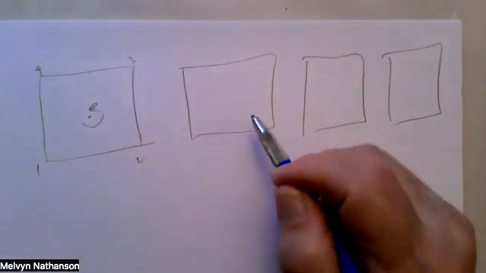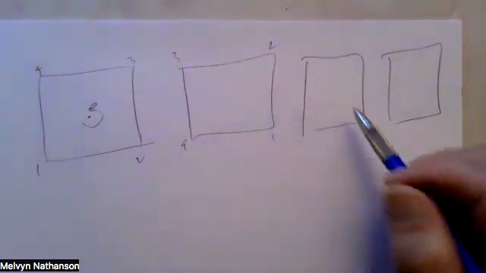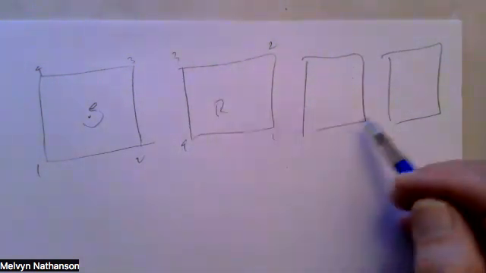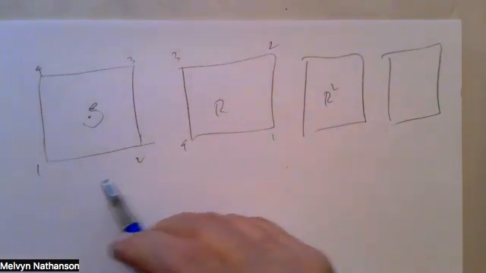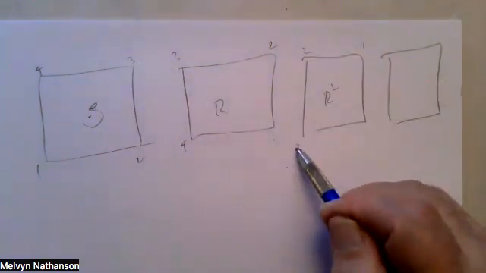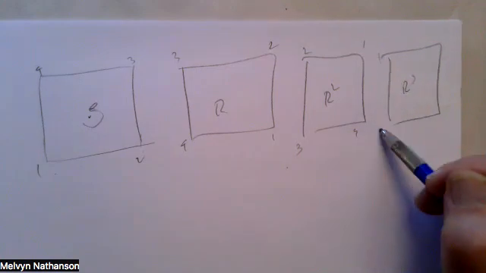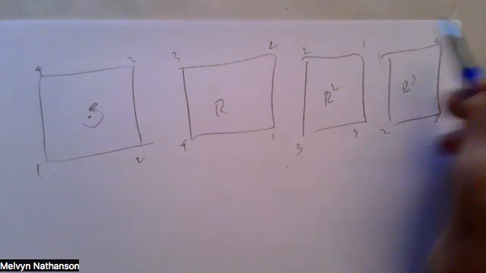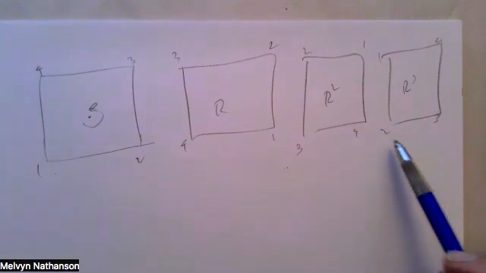So if you rotate this by pi over 2, you get 1, 2, 3, 4. Call this r. You rotate it twice, that's r squared. You rotate it again, that's r cubed. Rotate it a fourth time, you get the identity.